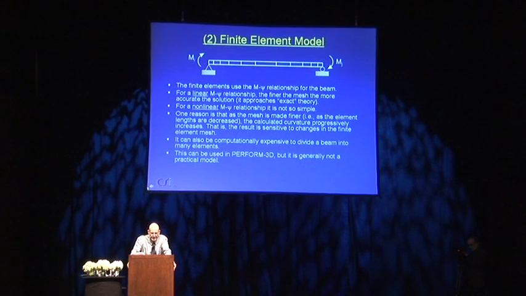One reason is that as the mesh is made finer, the calculated curvature will get larger and larger. The smaller you make the mesh, the maximum curvature will just get bigger and bigger. It's very sensitive to changes in the finite element mesh. It's also sensitive to a number of other things.